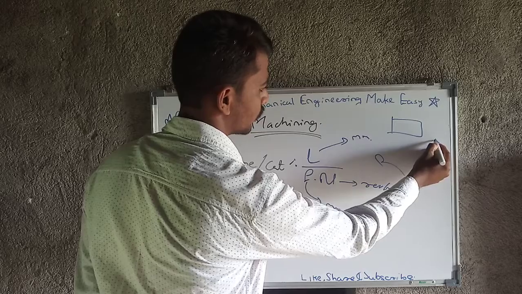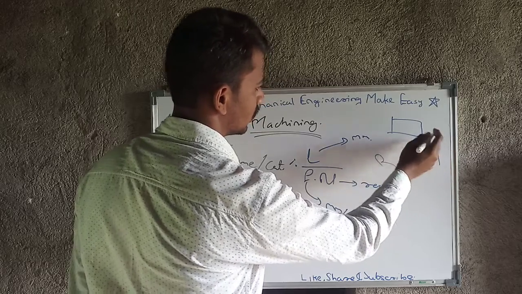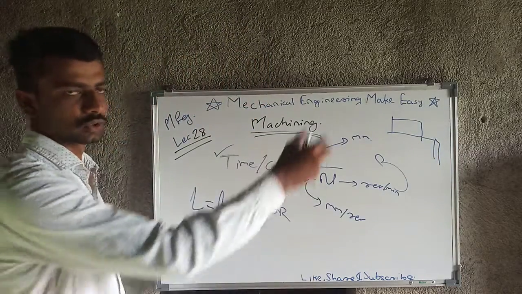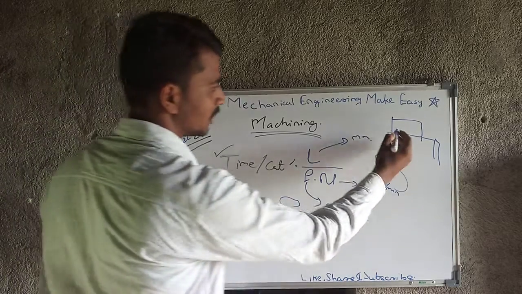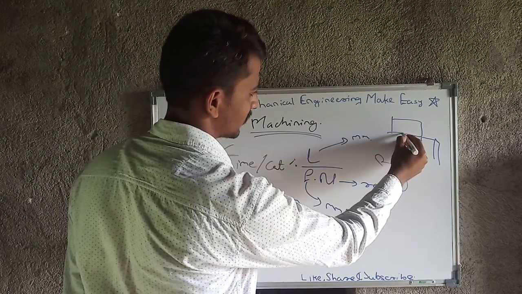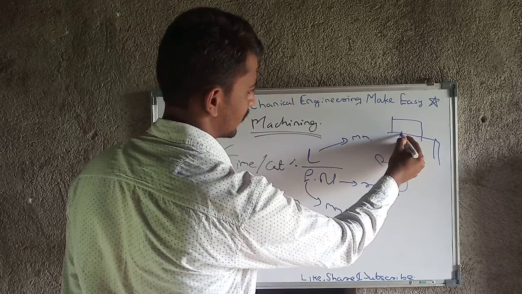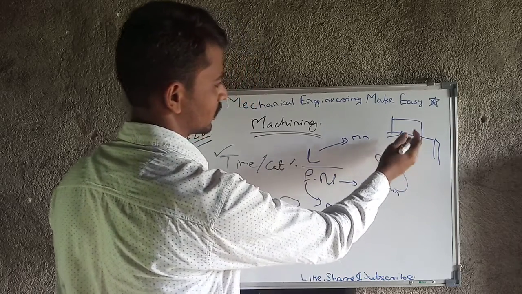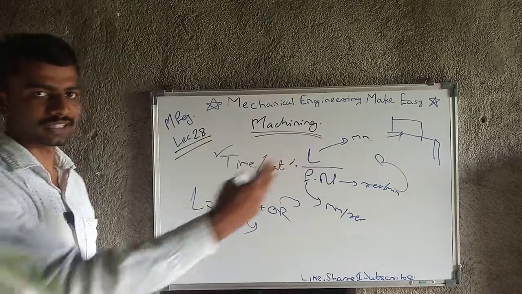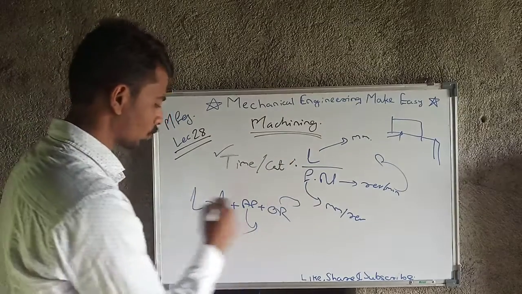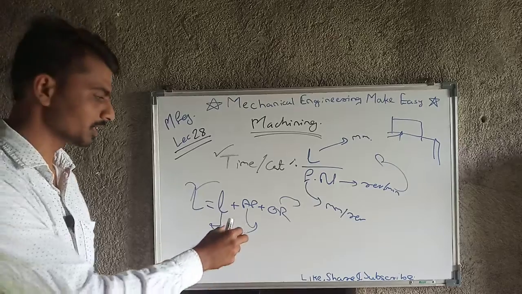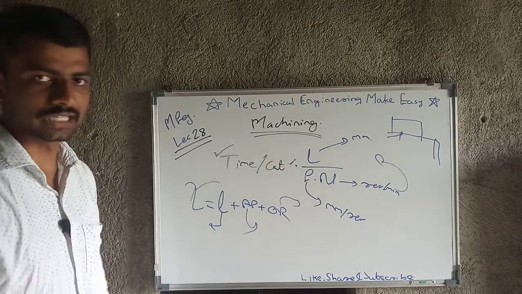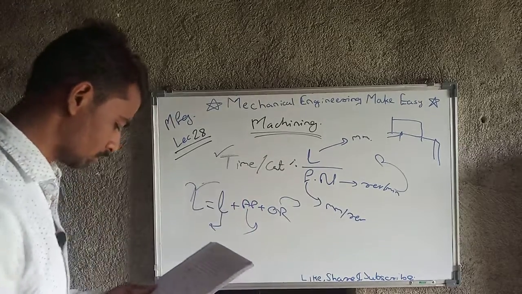The tool requires some motion up to the start of cutting action, and that distance is the approach length. Overrun means the cutting action happens here, but the tool has to travel some more distance to cover that portion, and that is the overrun. So total length equals length of workpiece plus approach length plus overrun length. Note this down also.